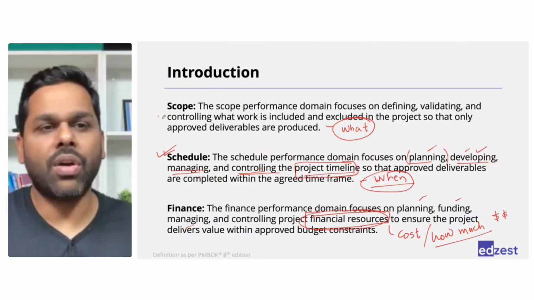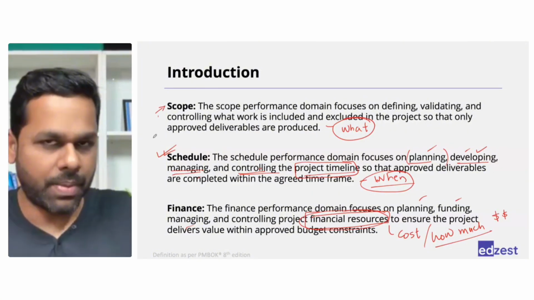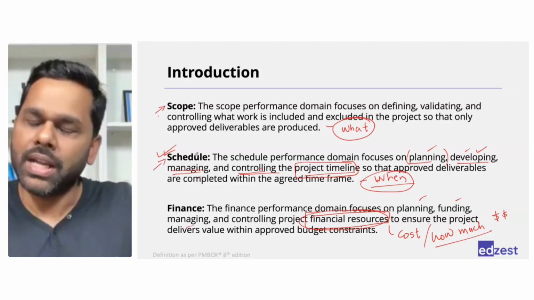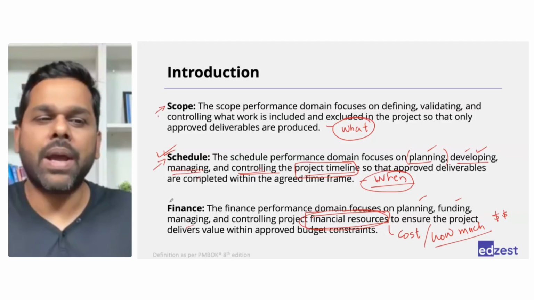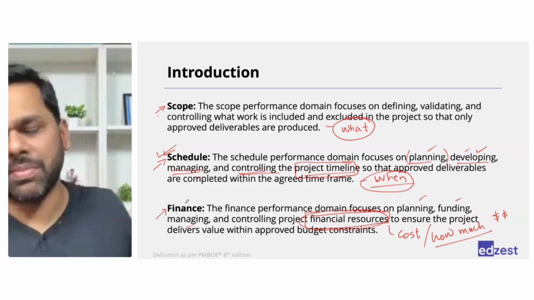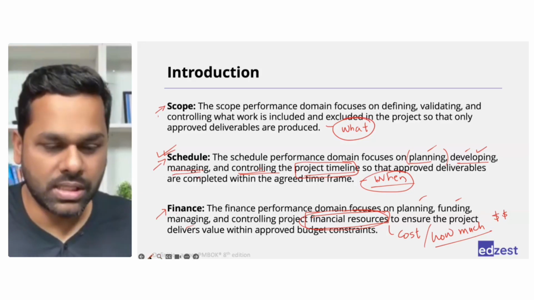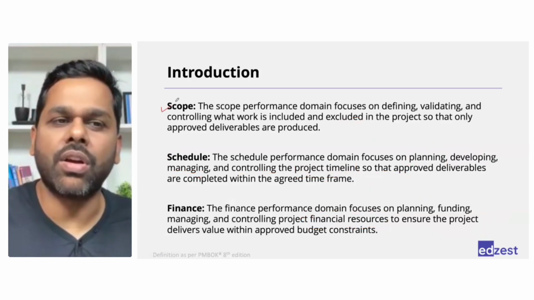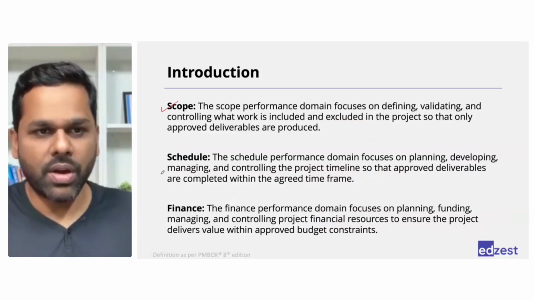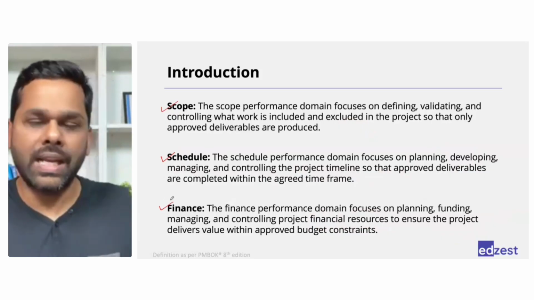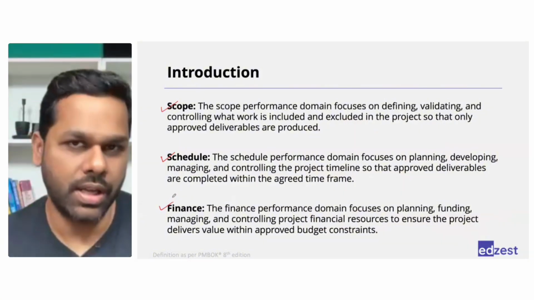Right? Managing all the things that you have committed is a part of scope management. Managing exactly as per the time that you have committed is a part of schedule management. And managing exactly as per the funding that you have received is a part of finance management. So your success in the project would be defined by whether you have delivered everything or not, whether you have delivered everything on time or not, whether you have delivered exactly as per the committed budget or not, right?